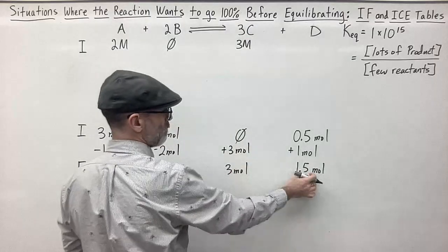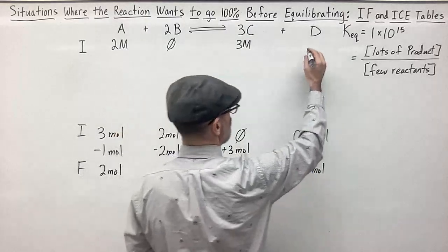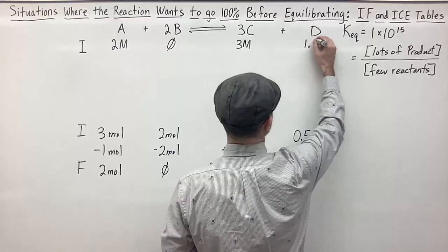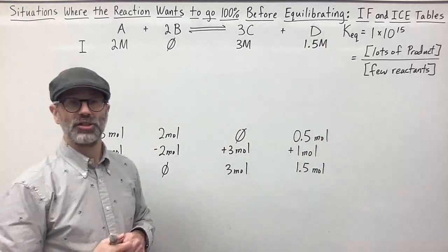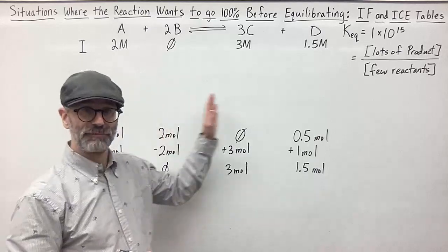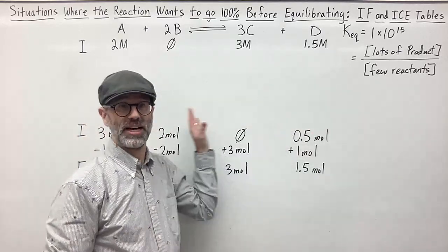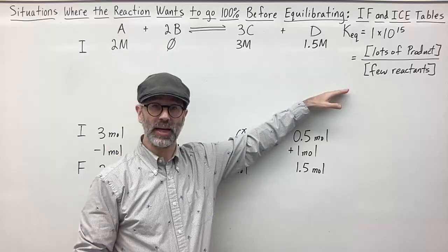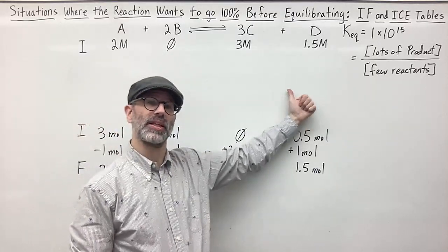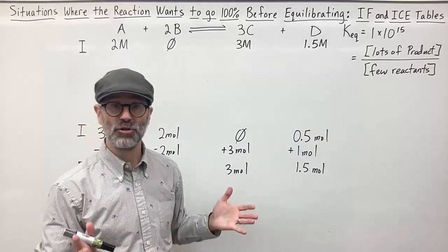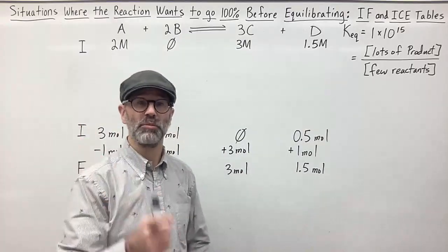And then 1.5 moles divided by 1 liter is going to be 1.5 molar here. So now I have the initial concentrations after the reaction has gone to completion this way. But now, because I have 0 reactants, it's got to shift a little bit this way. And I can do the ICE table that we've done before.